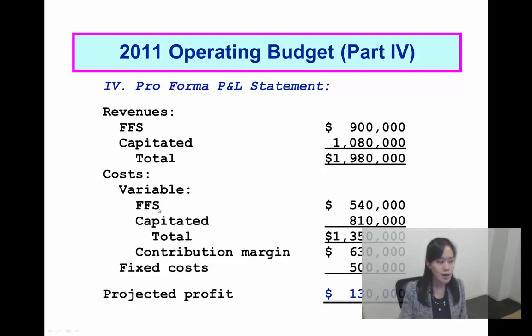Because we have the number of visits for fee-for-service versus capitated members, we can look at the variable costs for fee-for-service patients and for capitated patients separately as well, in order to get greater clarity on the revenue versus cost streams that you expect from fee-for-service versus capitation.